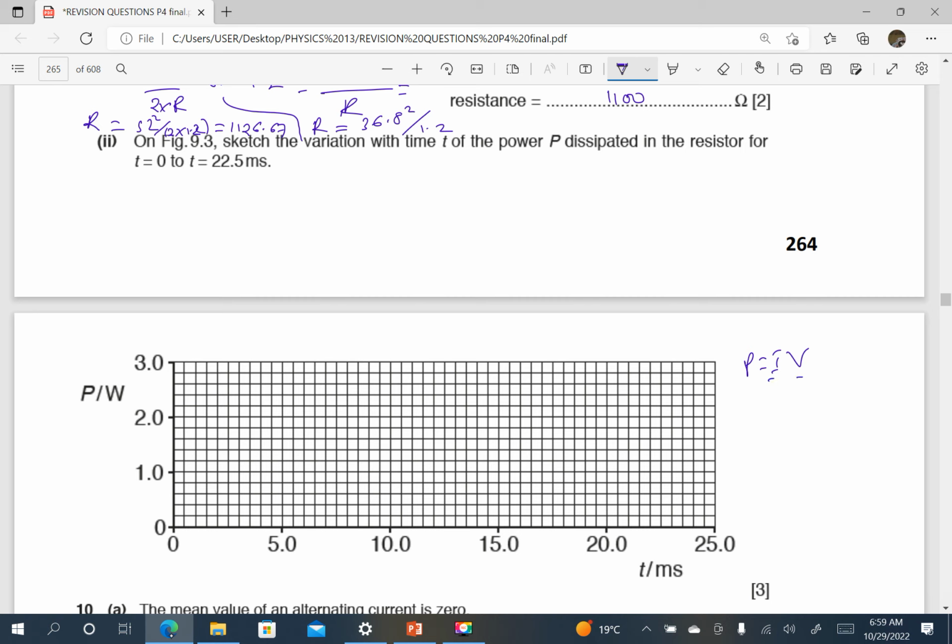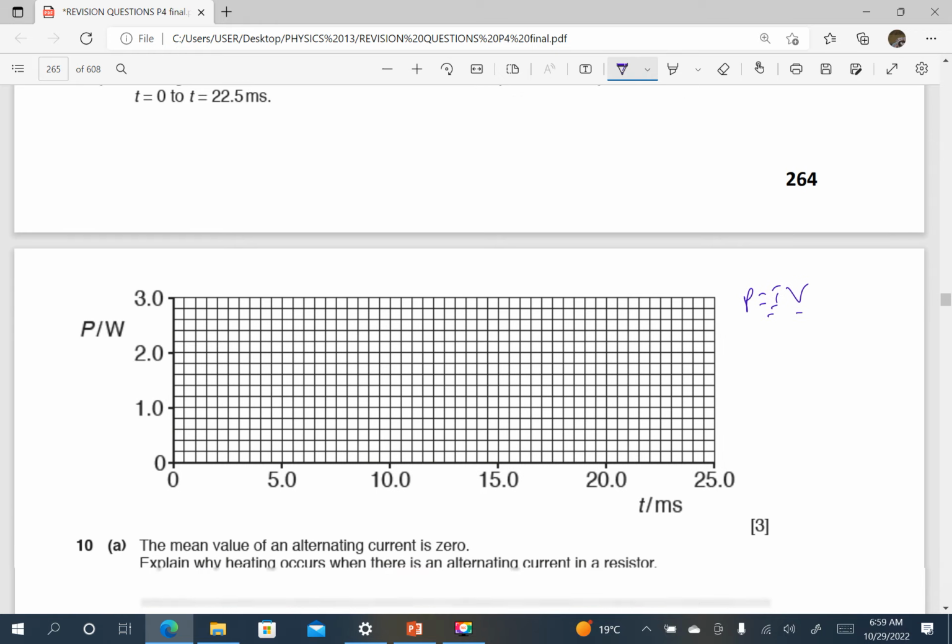When I is positive, V is positive, so the power is positive. When I is negative, V is negative, still the product is positive. So the graph is always above the x-axis. Good enough, they have given us a grid above the x-axis.